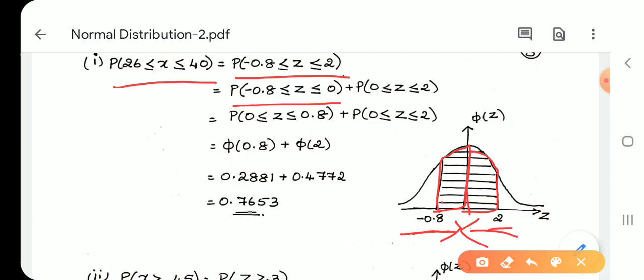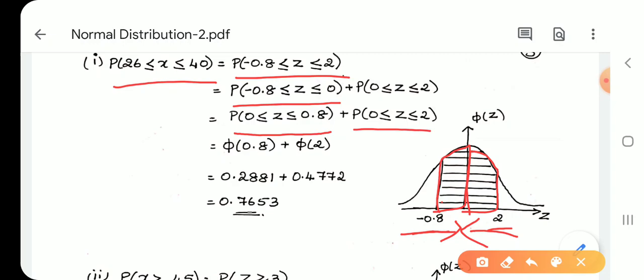Now we already know that since both the sides are exactly symmetrical, the first term can be rewritten in terms of positive values as P(0 ≤ Z ≤ 0.8). The second term we will write as it is.